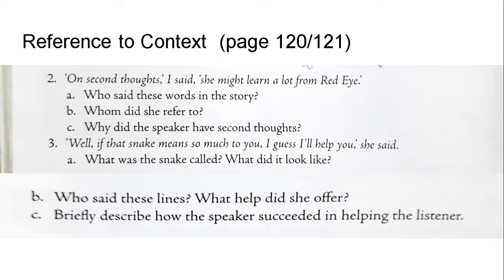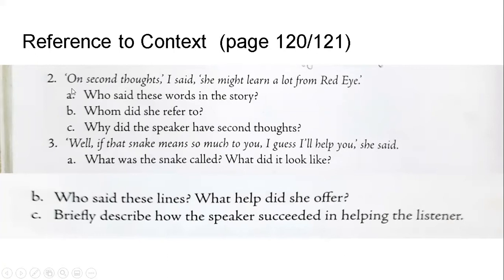The questions can have answers related to that part, could be before that part of the line, after that part of the line, but it's all interrelated. So that's how you do reference to context. Context means that part of the text that is given to you.